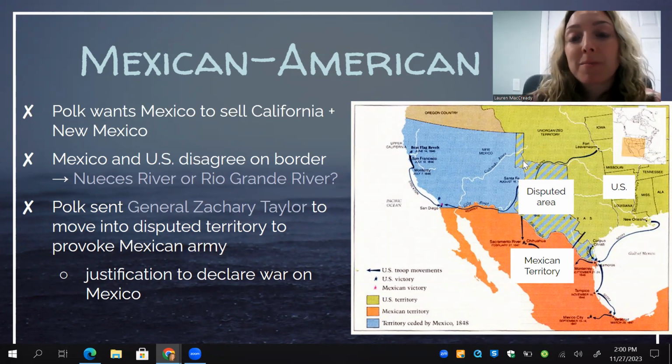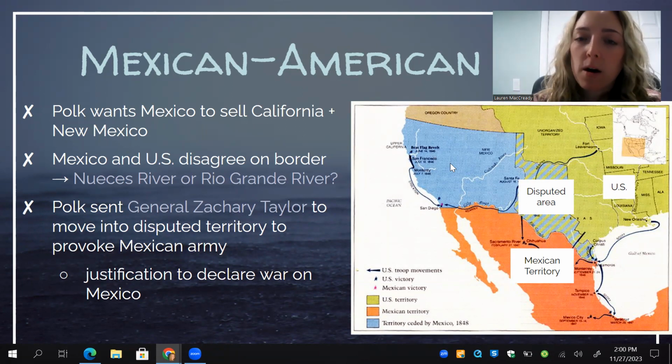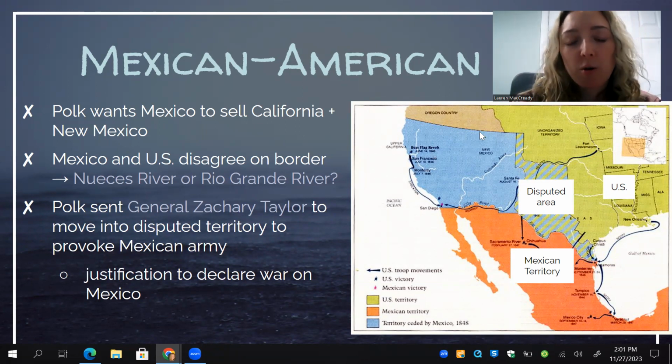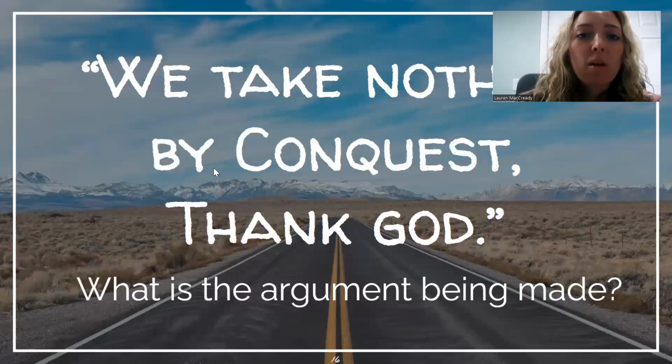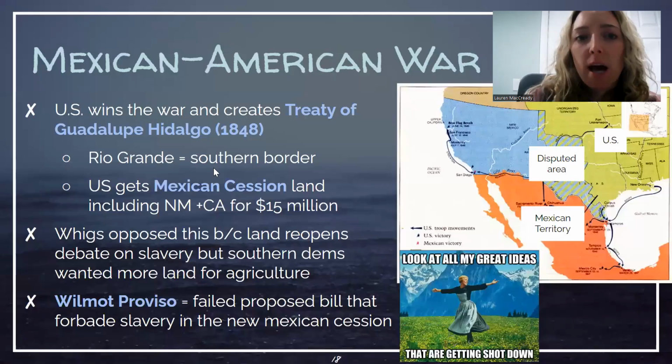And because Mexico refused to acknowledge that this land is ours or sell us this land, potentially going to war with them would successfully secure that land for America. That is the reason why he may have instigated this war, because there was no other reason to march into that disputed territory. So that's another reason why it's called Mr. Polk's War.